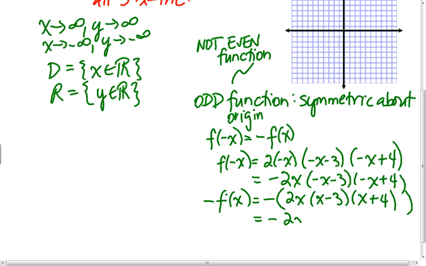Which would be negative 2x, but all of those brackets would be the same as they were before. So this is different than my original function.